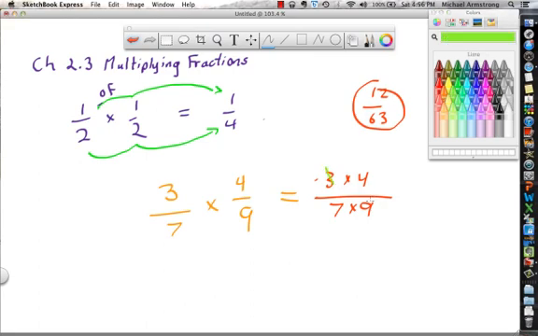If I take these 3 and the 9 and I simplify them down to 1/3, and then I multiply, then it's not 3 times 4, it's 1 times 4 equals 4, and 7 times 3 equals 21. And that's as simple as I can get, so that's my answer, 4/21.